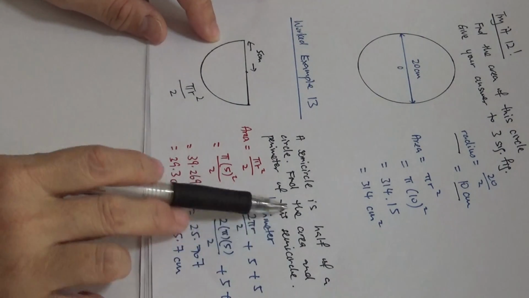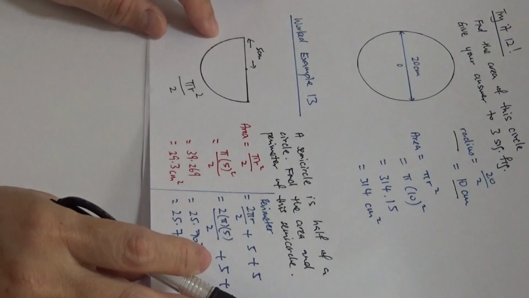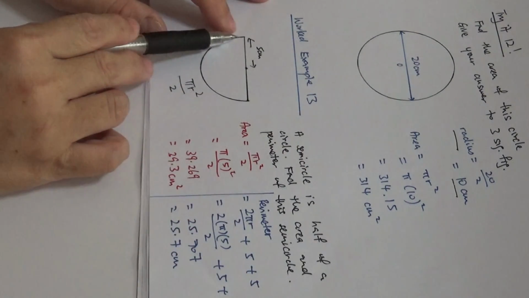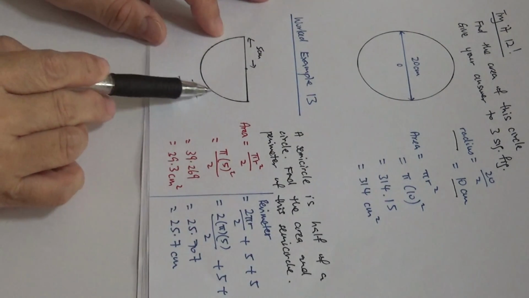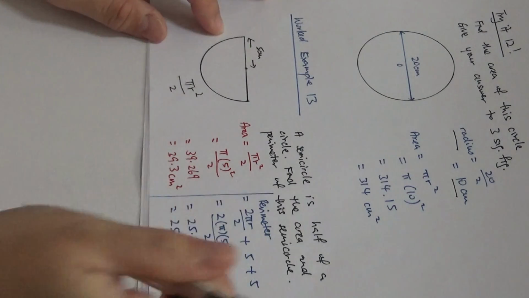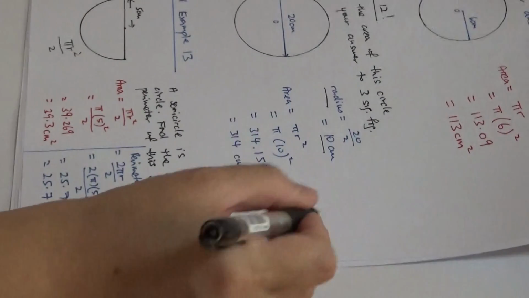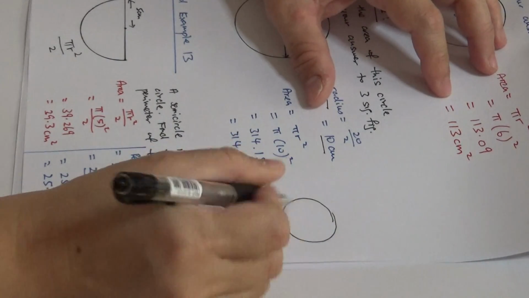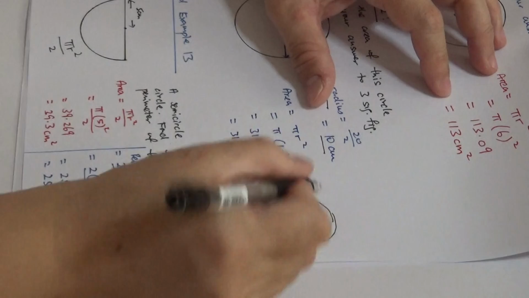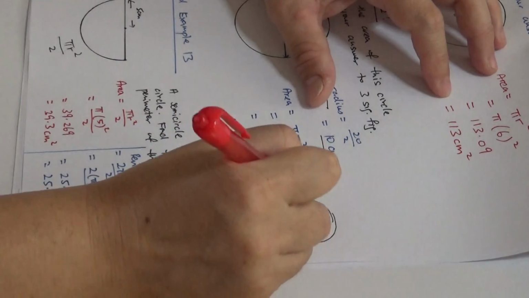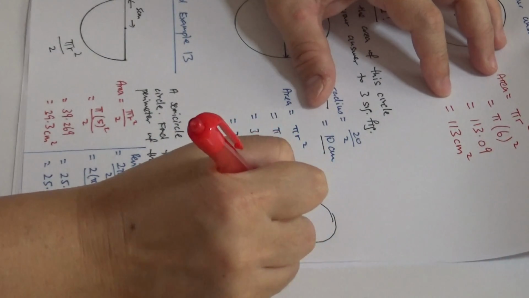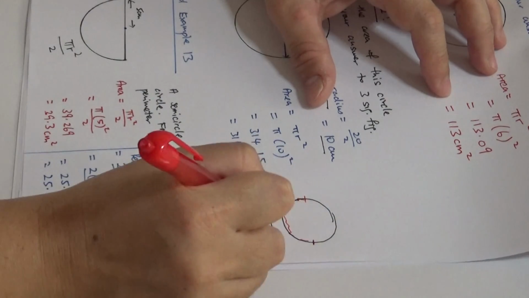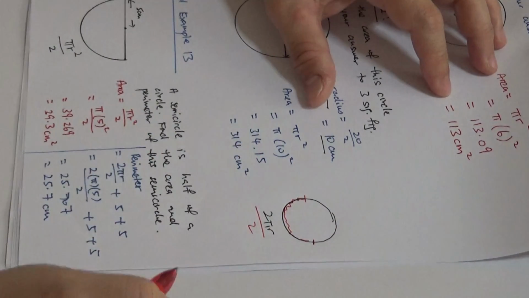Now, they want us to find the perimeter of this semicircle. Note that this part here is part of the circumference. Let me just draw it again. Now, the circumference of a circle is 2 pi r. If I just measure from here all the way to here, it will be half. So I will have to divide by 2.